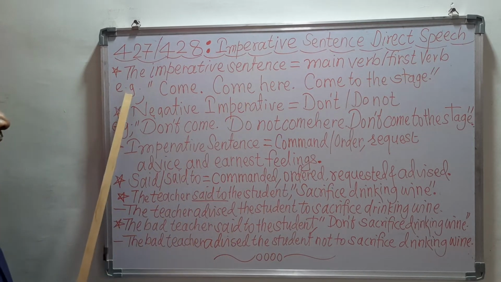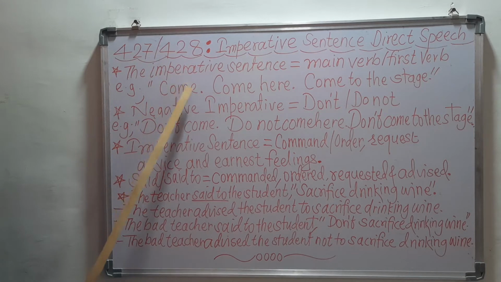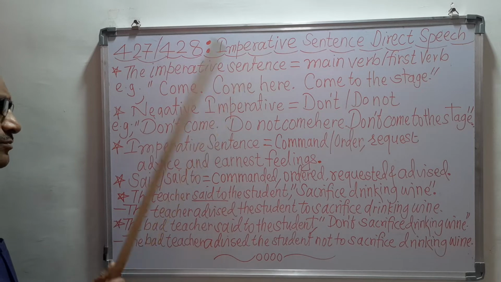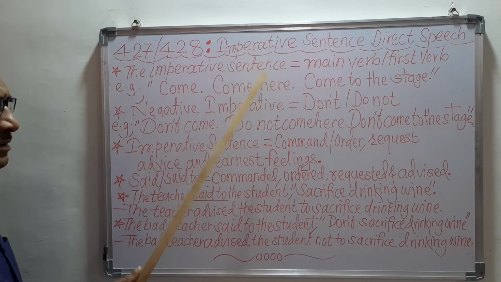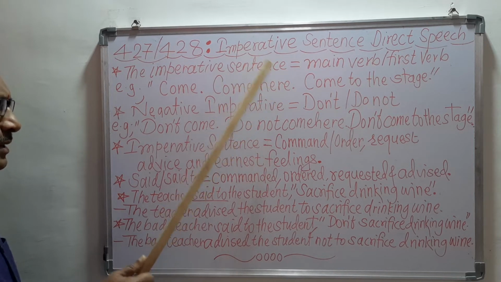For example, here I will tell you, come. This is the imperative sentence. Come means here the subject is telling someone to come. Come here means the subject is calling the gentleman. Here means that particular place, and he is calling him there.